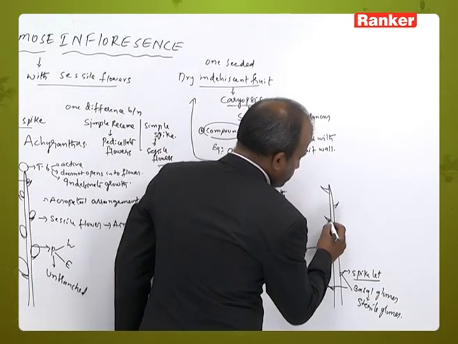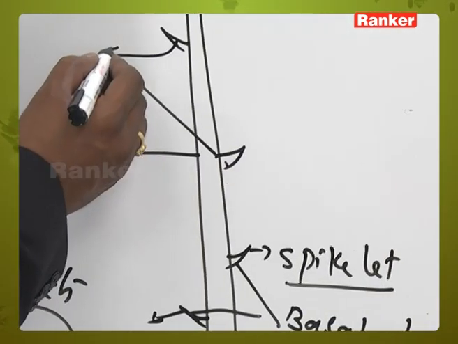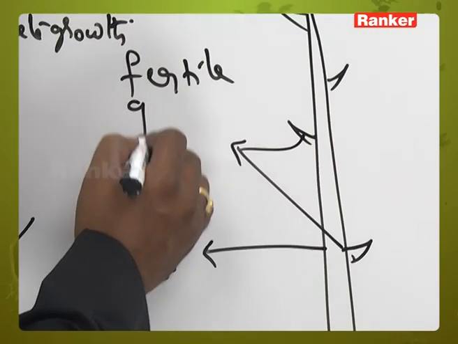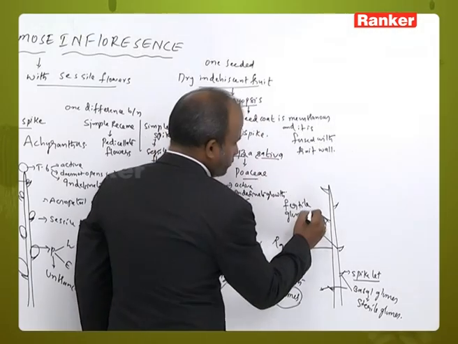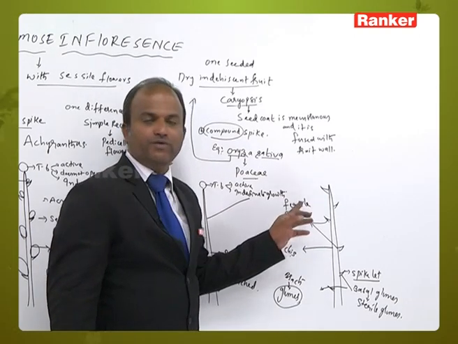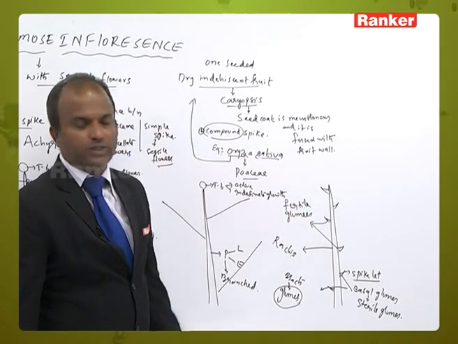Whereas middle glumes are called fertile glumes. Why are they called fertile glumes? Because they possess flowers in their axil.